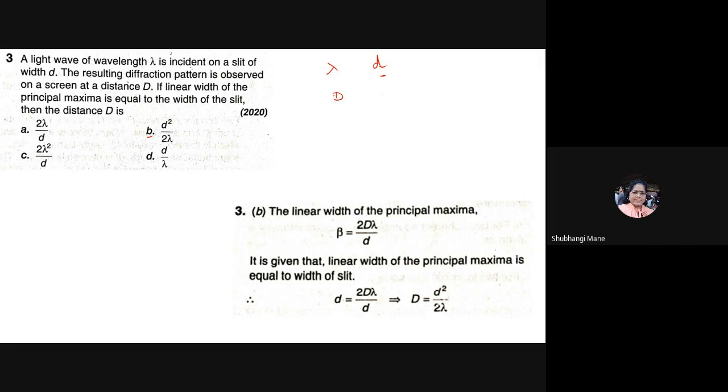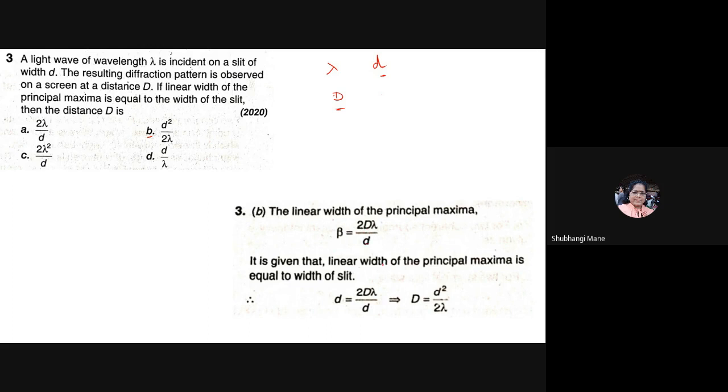Then the distance D, how to get this D? We know that linear width of the principal maxima is given by beta equals 2D lambda upon d. What is D? D is the distance between slit and the screen, lambda is wavelength, and d is slit width. So linear width or fringe width of central maximum beta equals 2D lambda upon d.